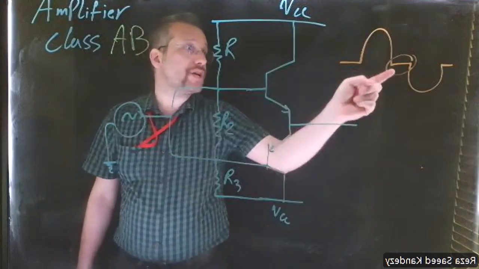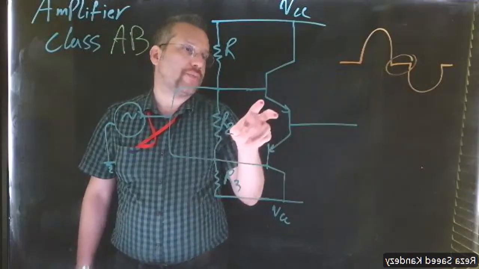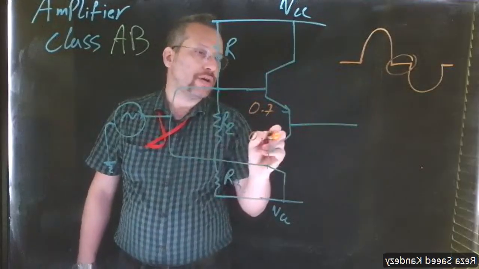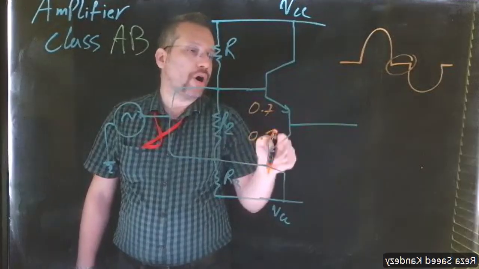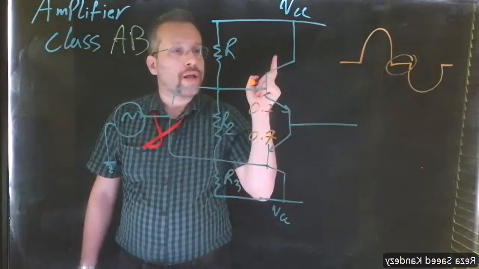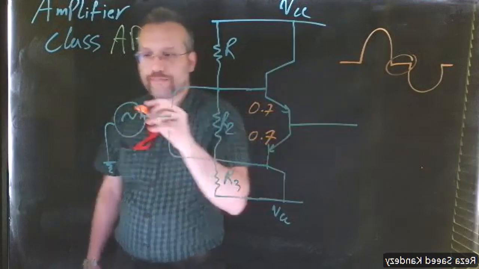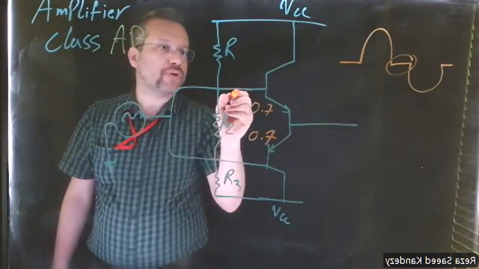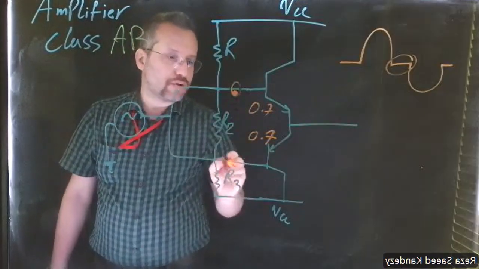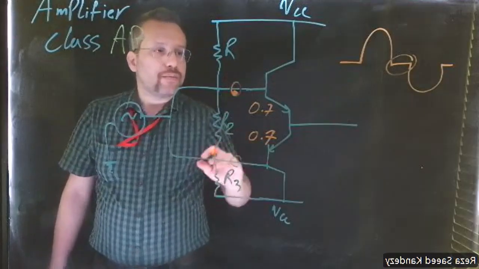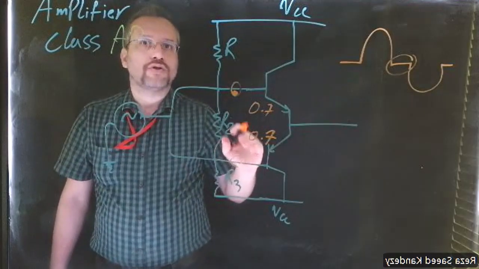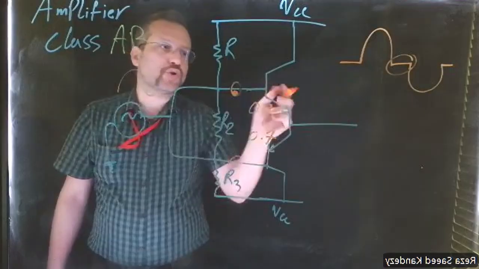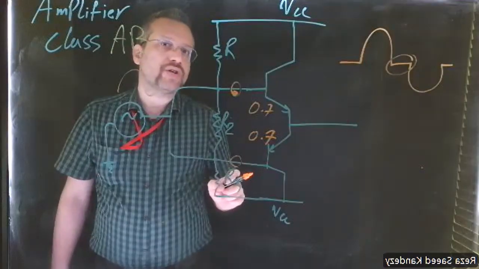This is because of the 0.7 volt that we need here and here in order to turn on the transistor. To solve that, we need to shift the input at the two bases by 0.7 volt, so any input signal could immediately turn the BJTs on.